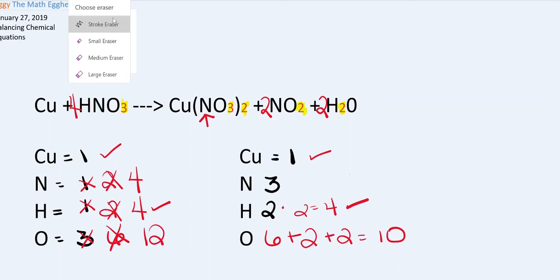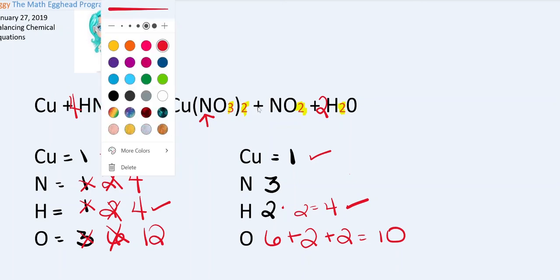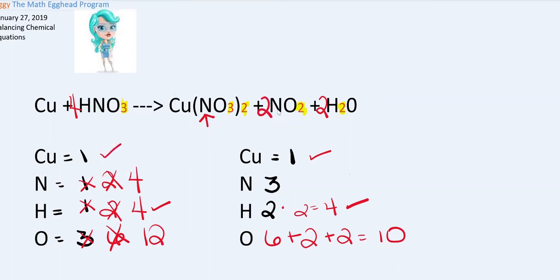So either way, we have to balance however you want to proceed. Now, we do need to fix the nitrogen. There are 2 nitrogens on the first molecule, the copper 2 nitrate. There are 2 nitrogens here on the nitrogen dioxide. So that gives me 4. So now my nitrogens are balanced because I added 2 to the coefficient here.